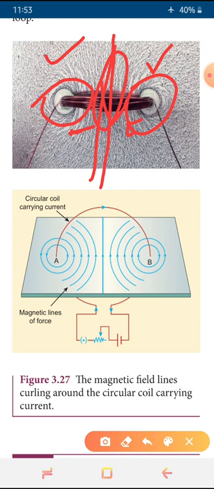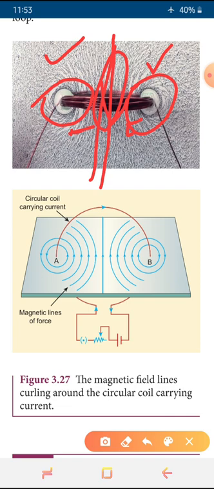And in 12th standard they explain with the help of a compass needle. When we keep it near the copper wire or any type of conducting wire with current passing through it, the compass needle shows a deflection. This deflection is due to the magnetic field. And when we reverse the current, you know what reversing the current is? The positive terminal is replaced with the negative, and the negative becomes positive.